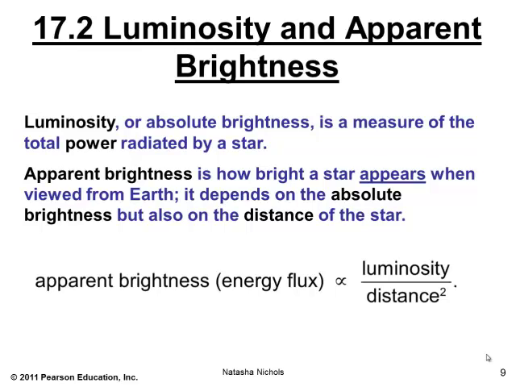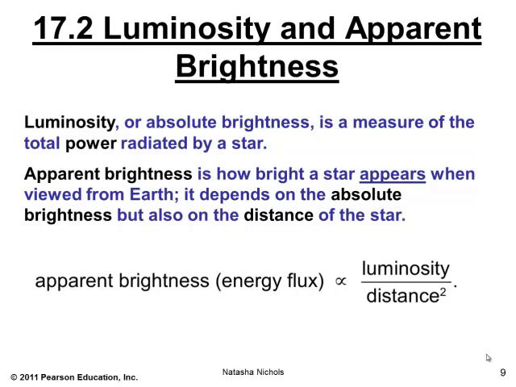For example, from everyday life, if we don't know anything about an object's distance, the headlight on a distant truck might look just as bright as a nearby headlight from a bicycle. So we need to figure out a way to tell if something is faint because it's far away, or if it's faint because it's just really faint, even though it's close to us.